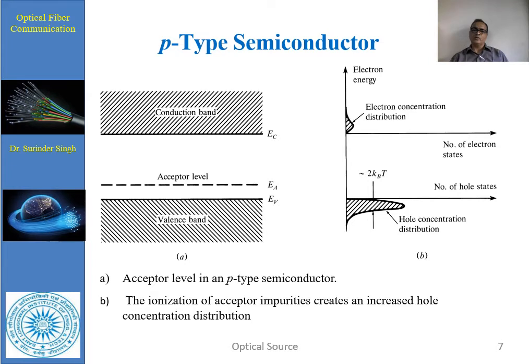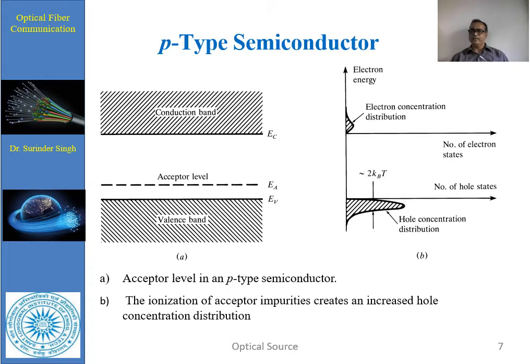However, the hole concentration is present, and there is an excessive number of holes in this state, and there is acceptance of one electron required here. So the free hole concentration increases in the valence band.